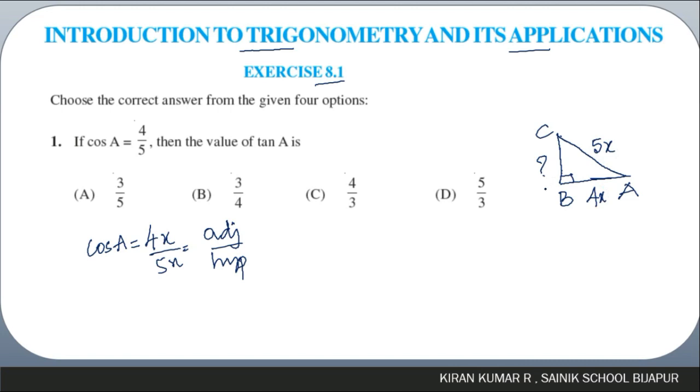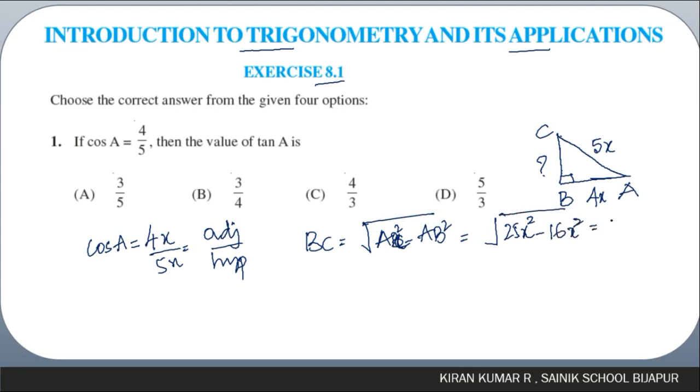So hypotenuse 5x, adjacent side is 4x. I need to find the length of BC. Here BC will be root of AC square minus AB square. AC square is 25x square minus 16x square. We get the difference as 9x square.